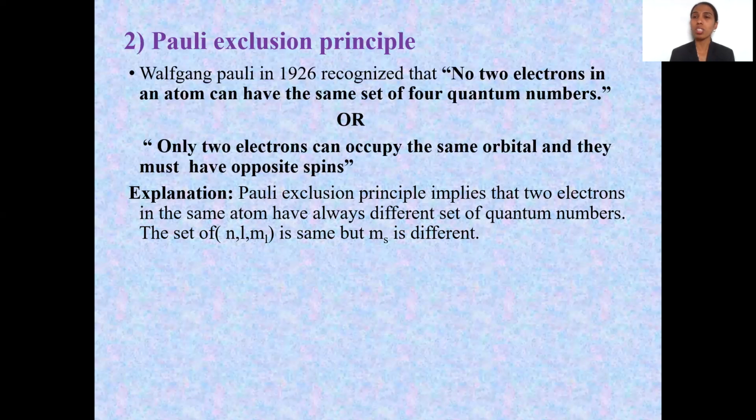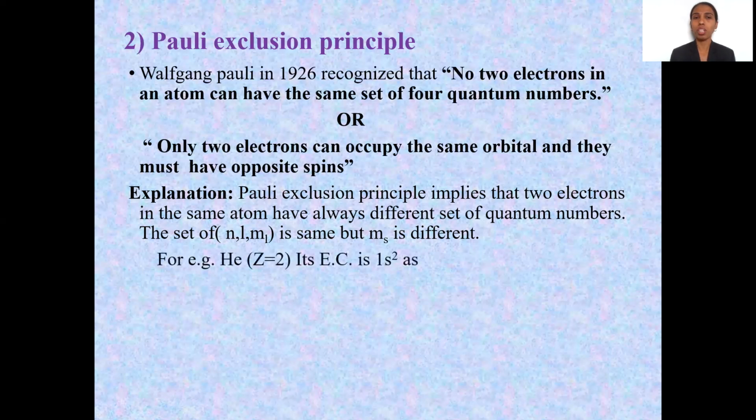But ms value is different because we have stated that each electron has an opposite spin. प्रत्येकाचा स्पिन हा अपोजिट असतो. म्हणजे जरी 3 व्हॅल्यू सेम असल्या तरी चौथा क्वांटम नंबर मात्र डिफरंट असणार आहे, that is spin quantum number, as the electrons have opposite spins.